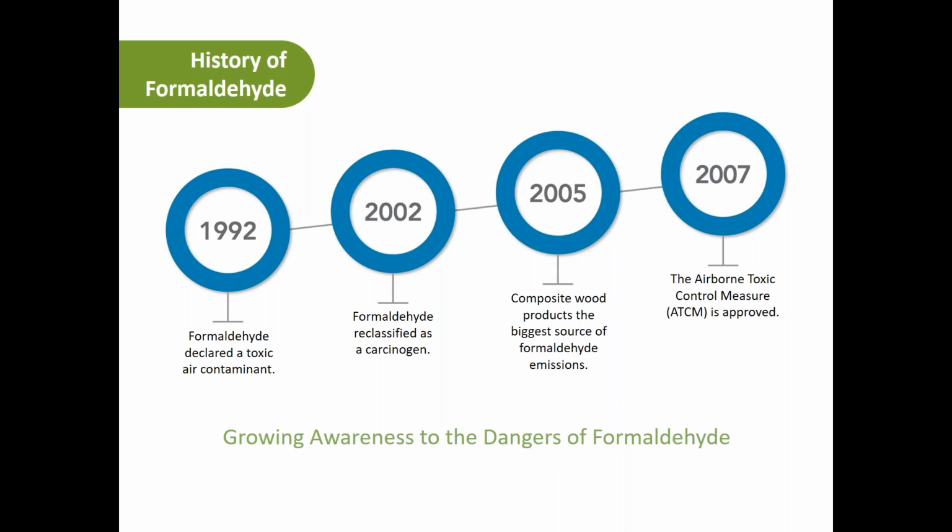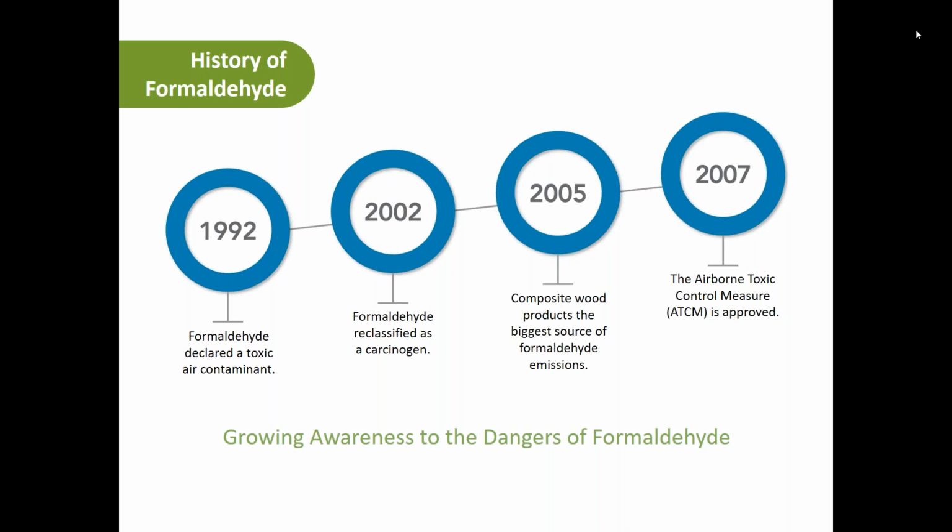So formaldehyde has long been an important industrial chemical used in building manufacturing and also as an embalming agent. We all know the off-gassing of formaldehyde contains irritants to our nose and eyes. However, it was not until 1992 that it was identified as a toxic air contaminant by the California Air Resources Board, and then later updated and identified as a carcinogen in 2002.